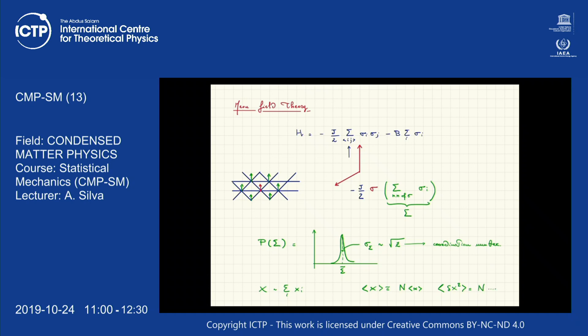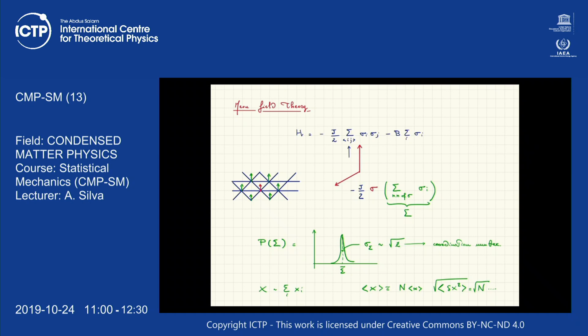And therefore, if you take now the square root, which is the standard deviation, this will scale like square root of n. Now, what is n in our case? n is the number of terms that appear in this sum, which is the number of nearest neighbors of sigma, which is the coordination number z. So that's why we do expect this to scale like this.